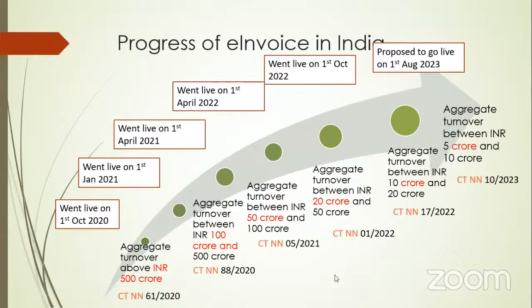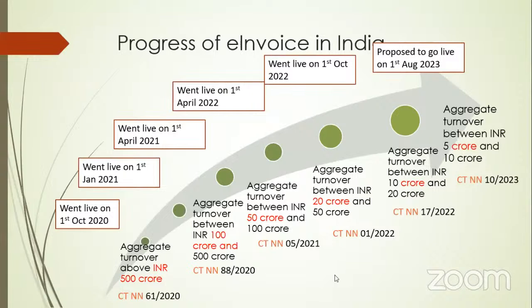Moving on to the legal provisions, let's look at the timeline of e-invoicing. E-invoicing went live for businesses whose turnover exceeded 500 crore on 1st of October 2020. This was brought into practice by Central Tax Notification 61 of 2020.